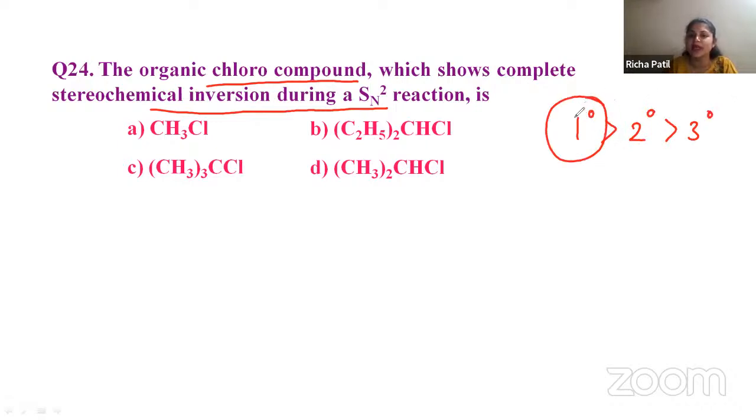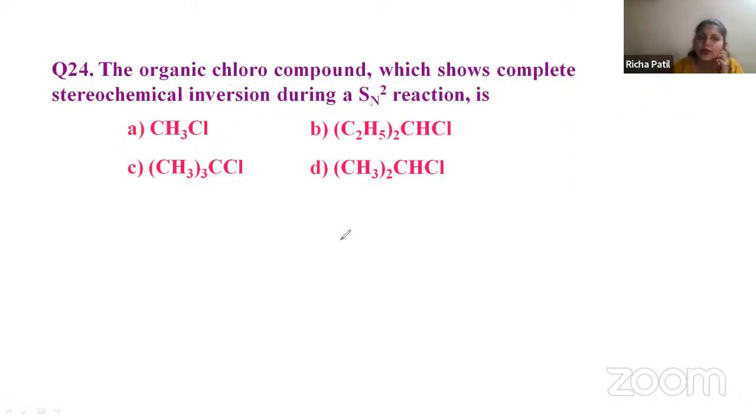Primary. Which is the primary? It is A, CH3Cl. CH3Cl is a primary. This is tertiary, this is secondary, and this is secondary. So A is the correct answer. Remember, stereochemical inversion is shown by primary alkyl halide.